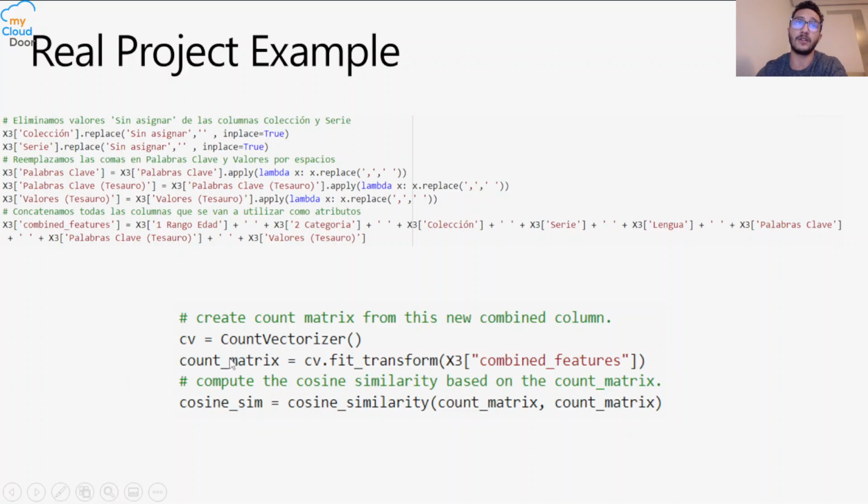Like, the count matrix will have columns as the words, and rows as items, and in the cells we will have the number of words, like how many times that word appeared in each item. Okay, so it will be a matrix.